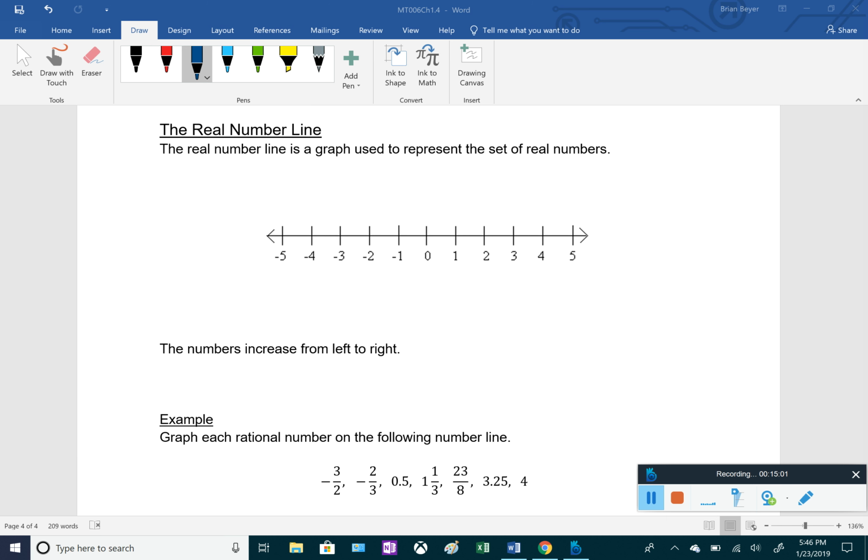We have 0 in the middle, positive numbers on the right, and negative numbers on the left. The numbers increase from left to right. It's going towards negative infinity on the left, and towards the right it's going to positive infinity.